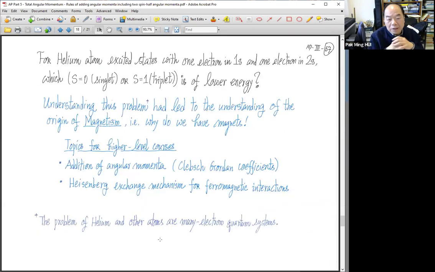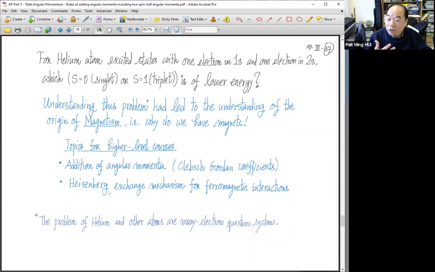So here is just giving you a roadmap for students who want to learn more, go further than the scope. There are higher level topics to do. I already mentioned how to find out all these linear combination coefficients.